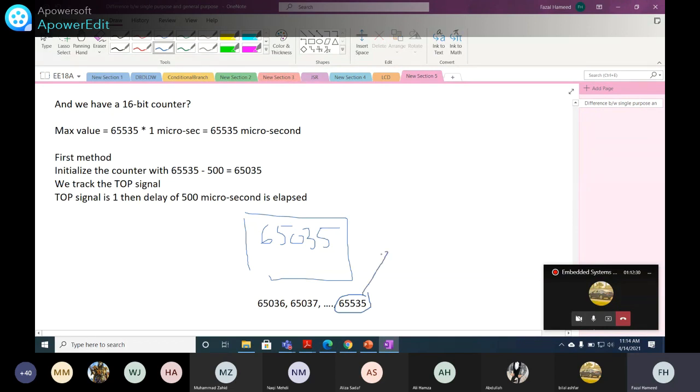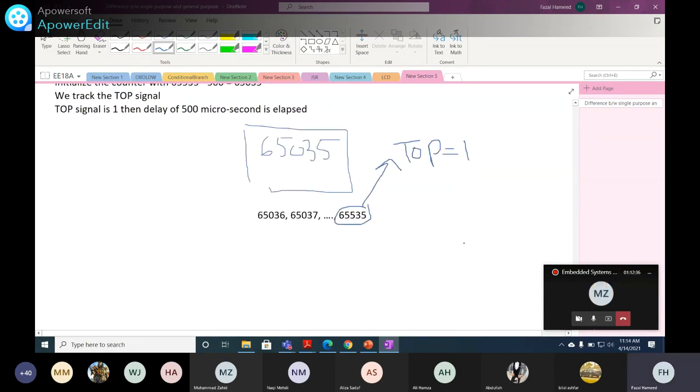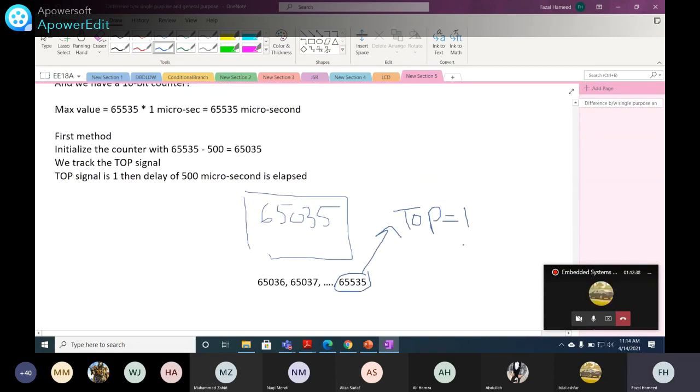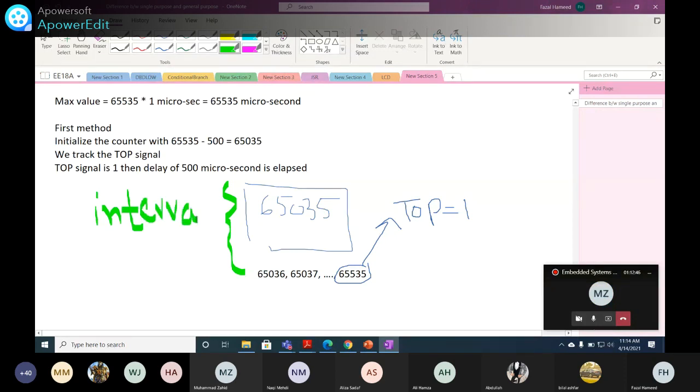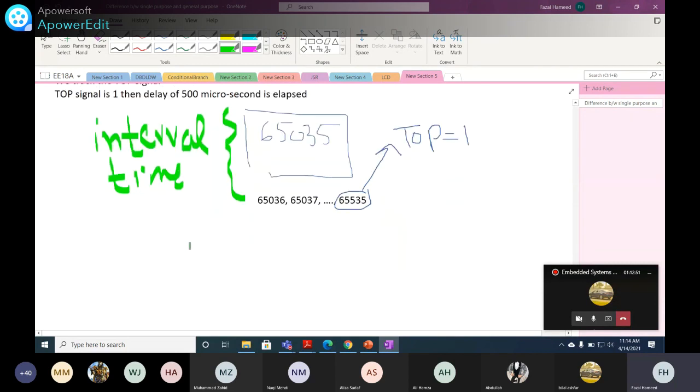At this point, the top signal will be 1. Am I right or not? The top signal will be 1. So this is an example of an interval timer. It models an interval of time.